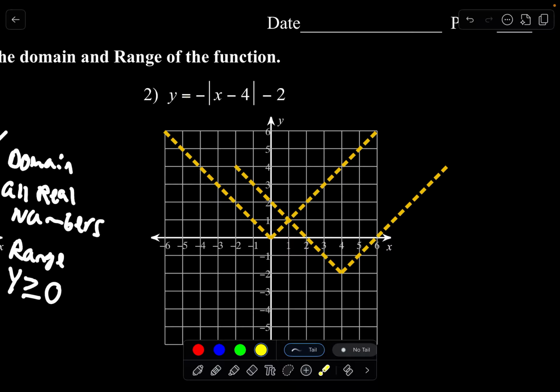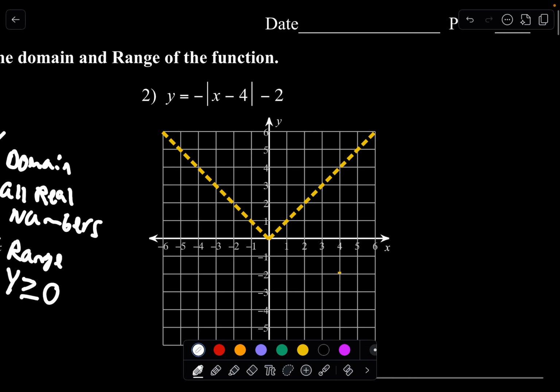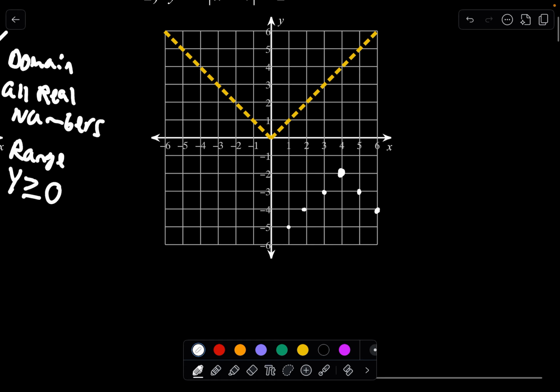Instead of smiling at you, because remember, this is a smile, it's happy. Instead of smiling at you, it's going to be frowning at you. So this graph is going to get changed. Instead of opening up, it's going to open down. So the transformed graph would be right here. But we go to the right 1, down 1. Has a slope of -1, and a slope of positive 1 to the left.